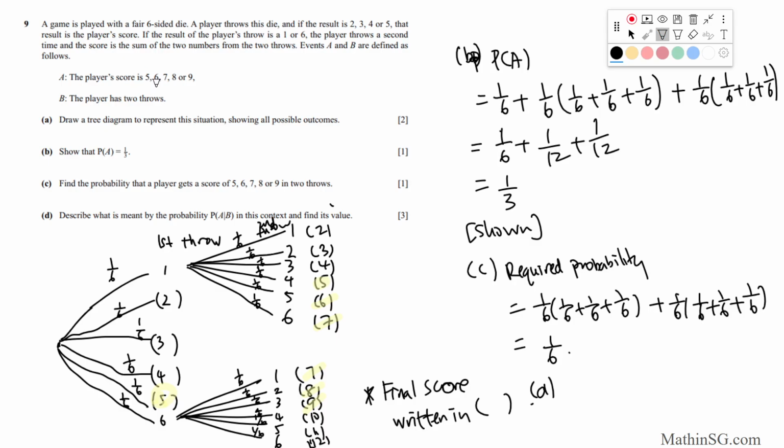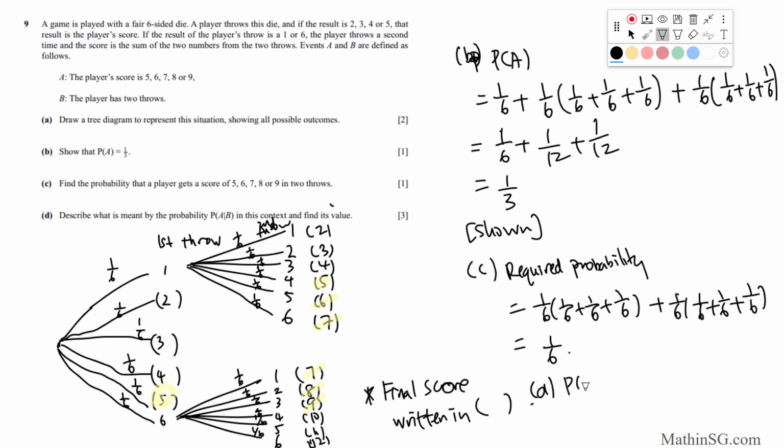So A given B in the context of this question means the probability that the player scores 5, 6, 7, 8, or 9 given that he has 2 throws. That means he scores a 1 or 6 in the first round.